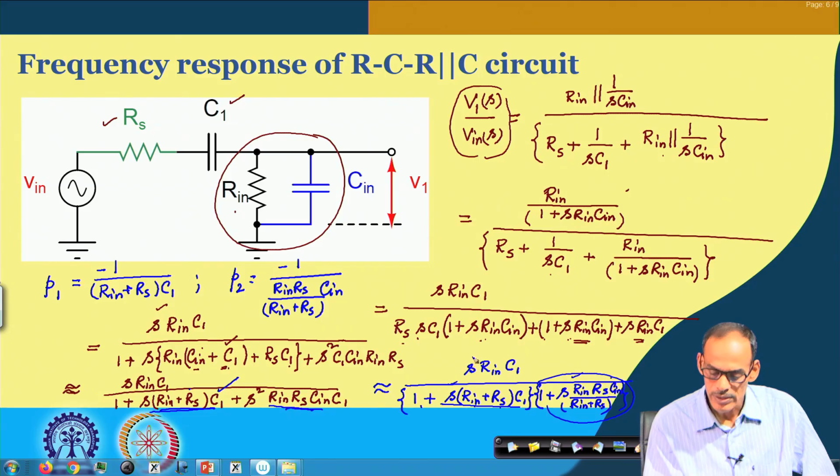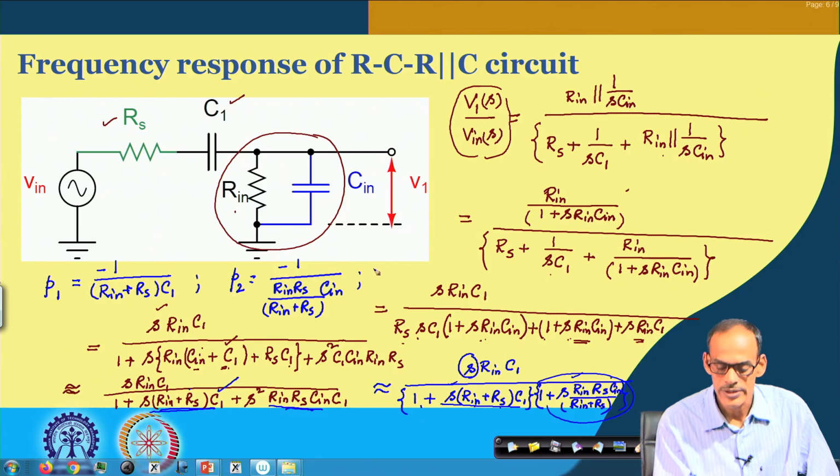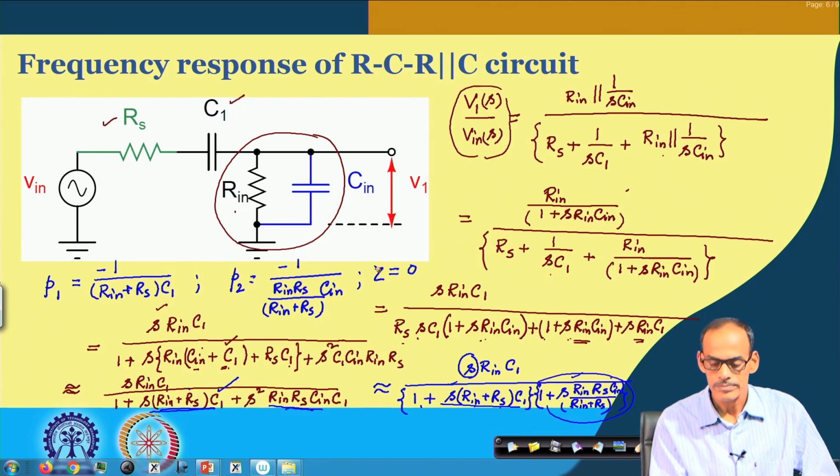In addition to that, since we do have the s term here in the numerator, we also have a 0 at 0 frequency. Okay. Also, if you see that in the mid frequency range, what may be the attenuation?